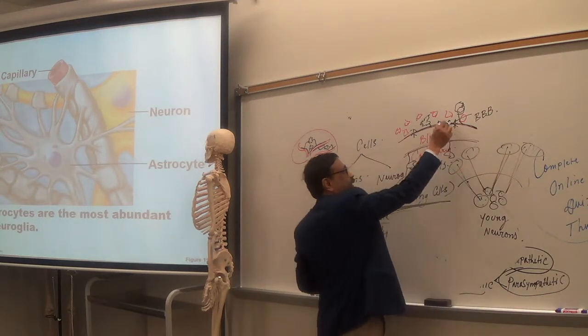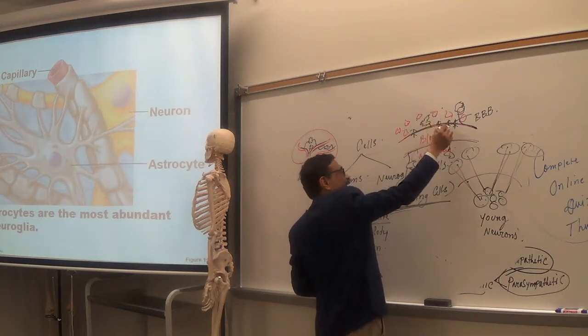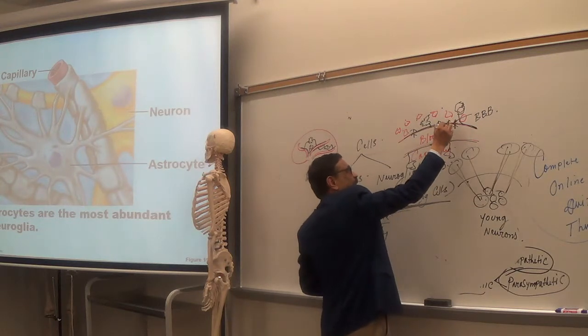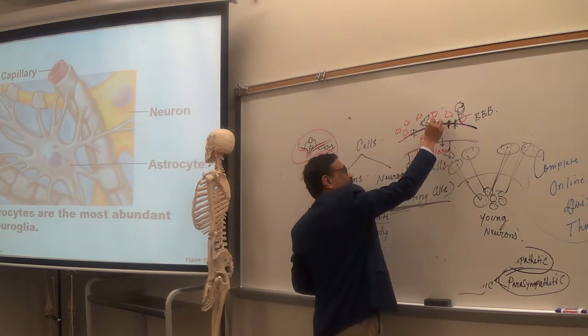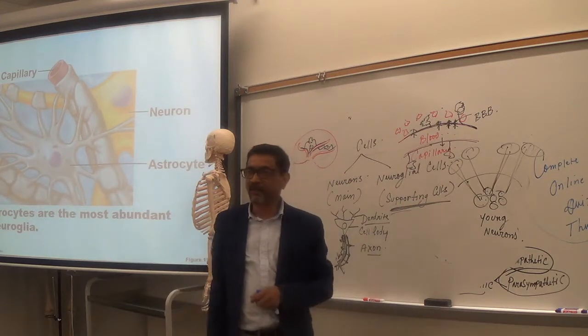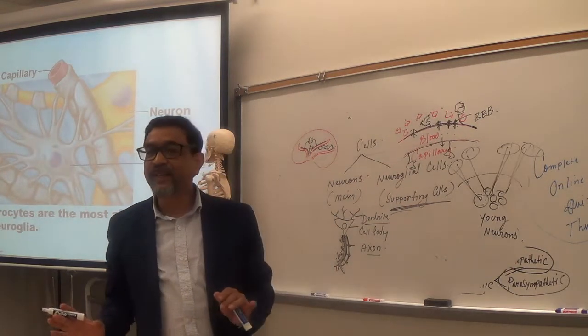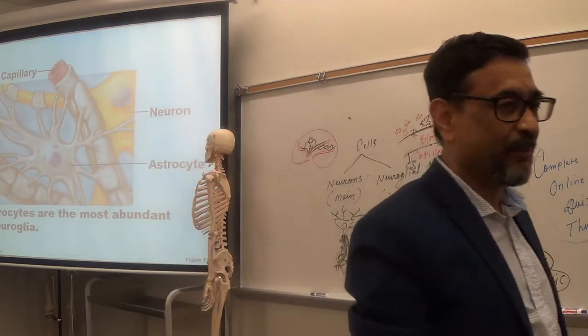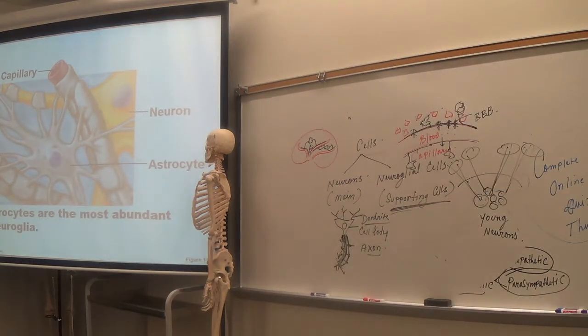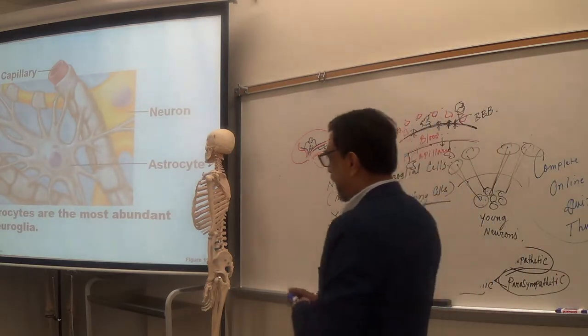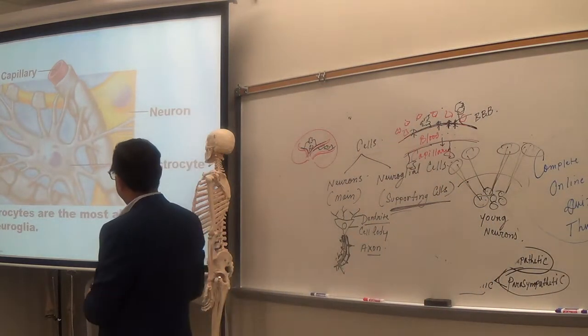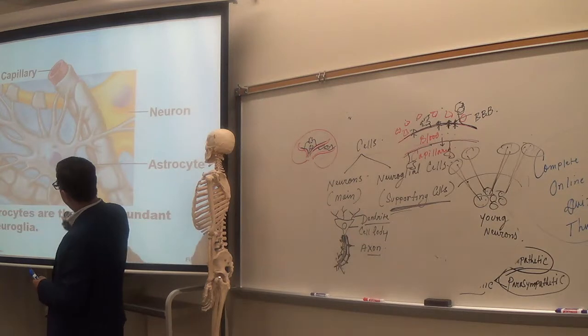The barrier between the blood and the brain tissue. So the chemicals will not be able to easily pass and enter into the brain tissue. Make sense? So by forming the blood-brain barrier, astrocytes protect your brain from certain toxic chemicals.